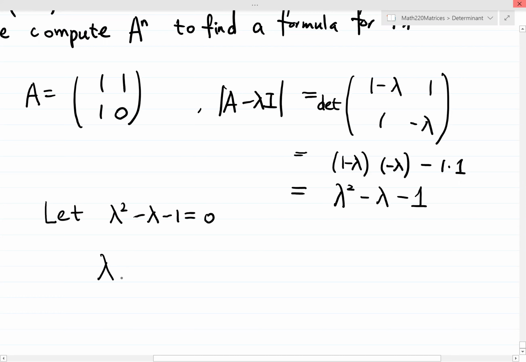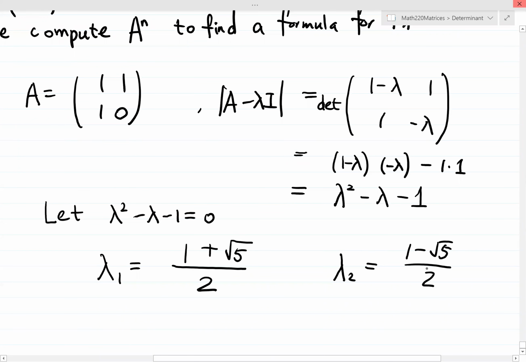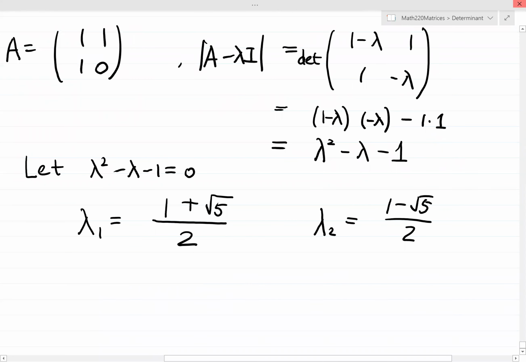So lambda 1 is negative b, where b, the coefficient of lambda, is negative 1, so it's 1, plus the square root of b squared minus 4ac, which is root 5. And lambda 2 is 1 minus square root 5 over 2. This is actually the famous golden ratio.